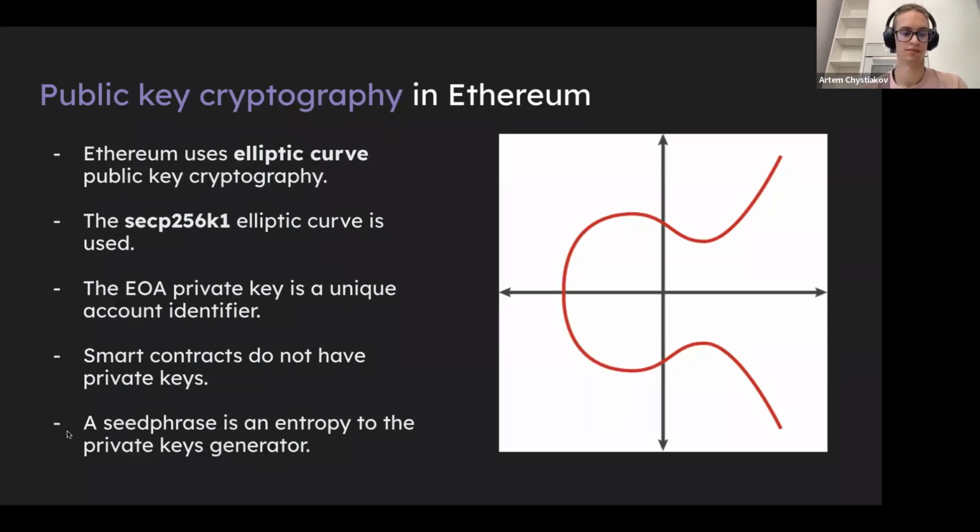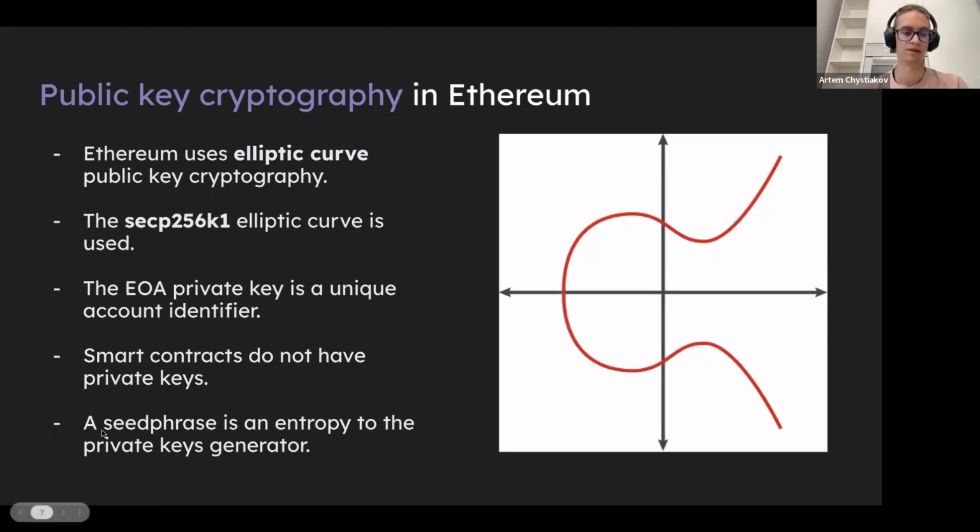And also, usually when you set up a wallet, you will be provided a seed phrase. And usually users relate the seed phrase to some kind of password for the wallet. But that is sort of correct, though technically not, because the seed phrase is just entropy that is provided to a special generator that then produces private keys for your account.